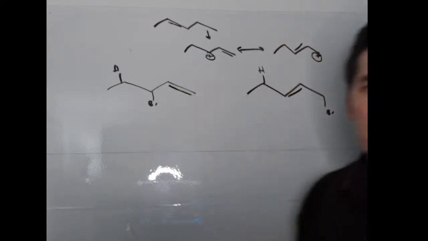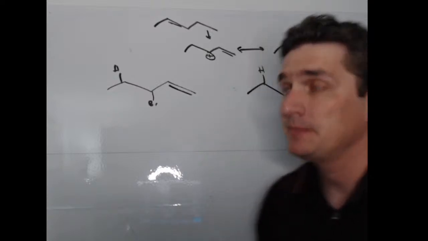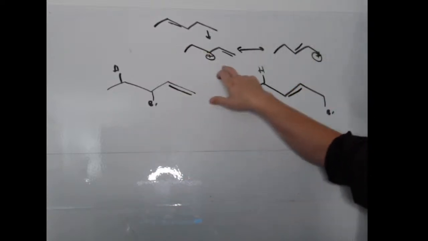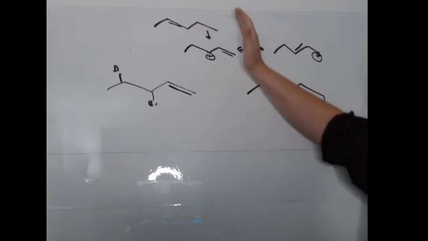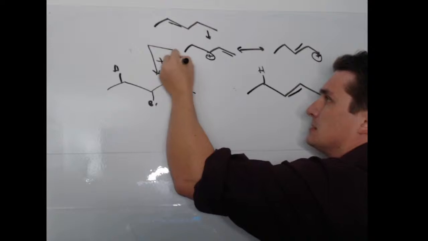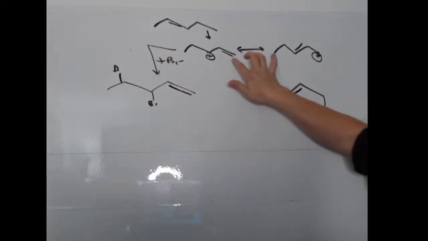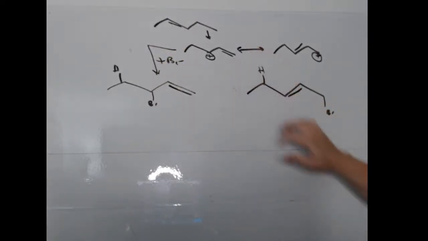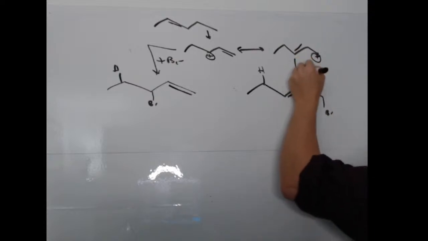So it's more of a process of our pathways. Before it gets attacked by the bromine, at low temperatures, we pretty much only get this, and then the bromine adds. At higher temperatures, we have a second pathway, which becomes accessible, where we form this terminal carbocation, and then we add the bromine.